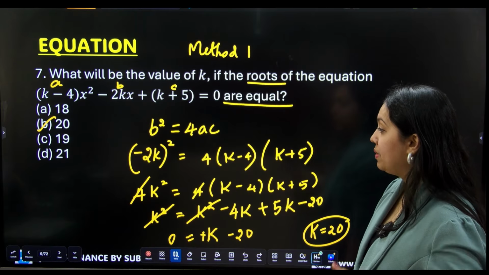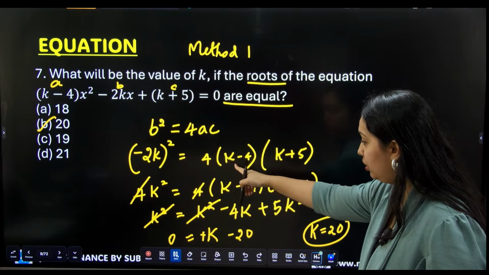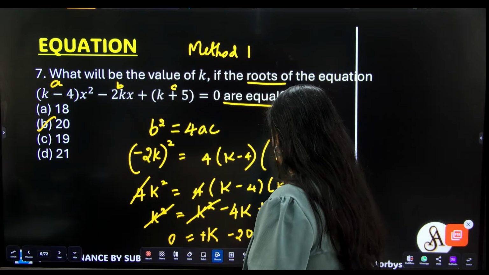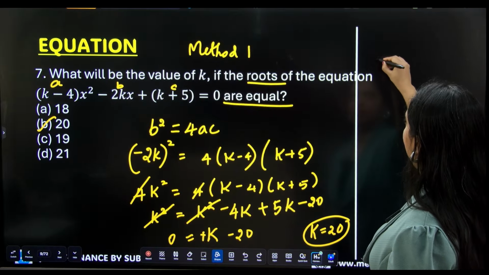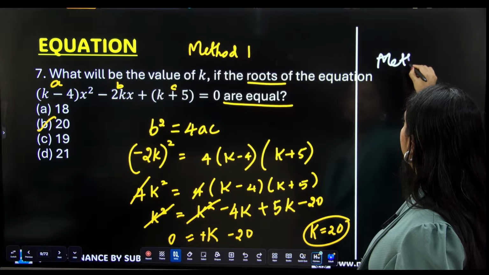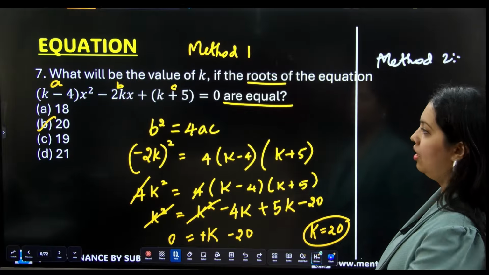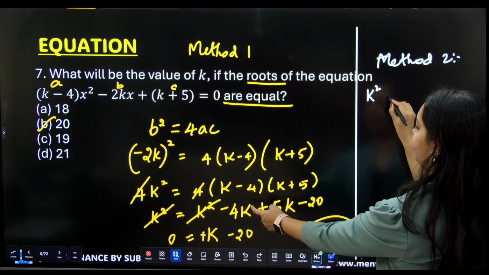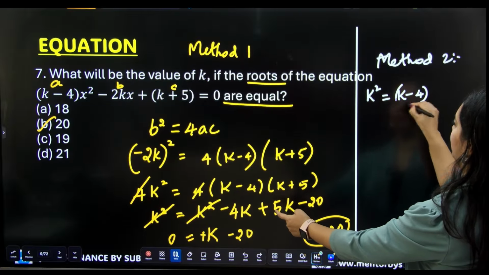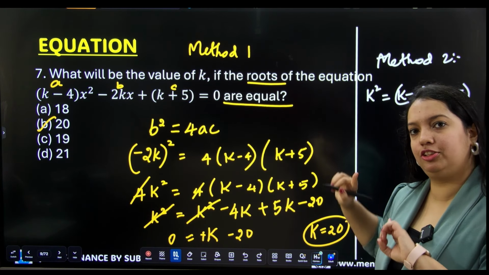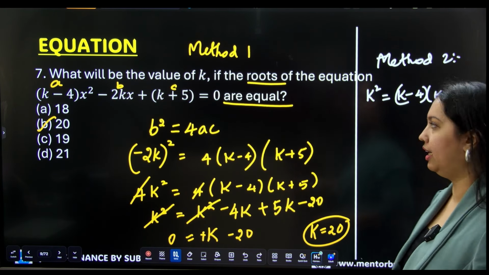This is method 1. Method number 2, you can actually solve this in detail, or for method number 2 I will apply the option hitting method. We'll take option A. After this step, which is k square is equal to k minus 4 into k plus 5, check from the options, whichever option gives you left hand side equal to right hand side, that option is correct.